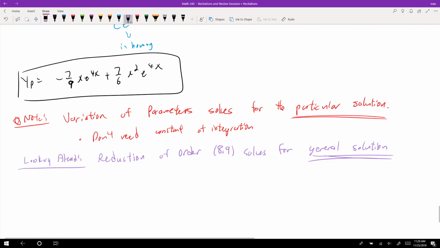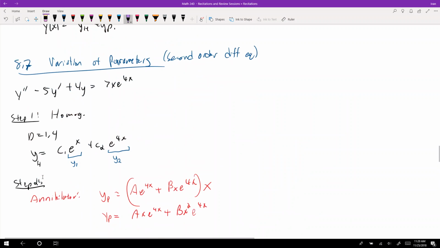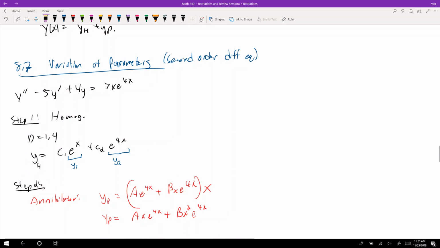So therefore, you need constants of integration when you're doing reduction of order because the general solution includes yh and yp, and in yh you have unknowns. All we have to do is scroll back up to yh right here, and you see that we have unknown constants or unknown coefficients.